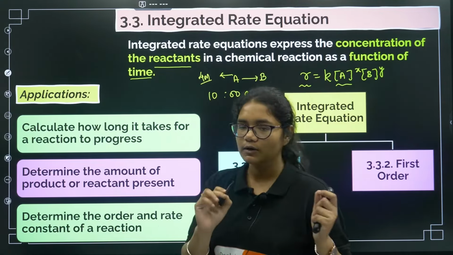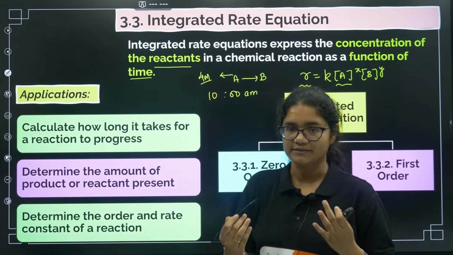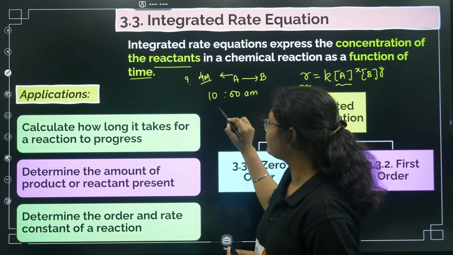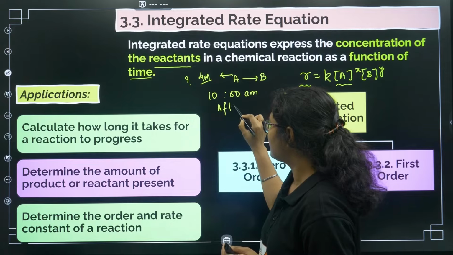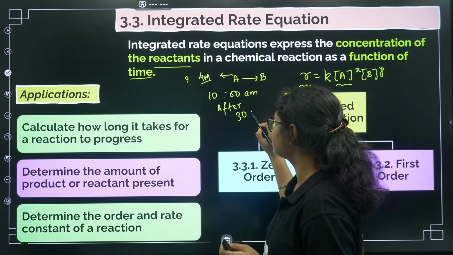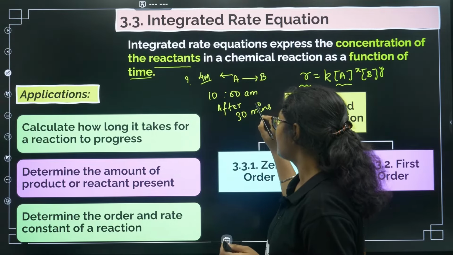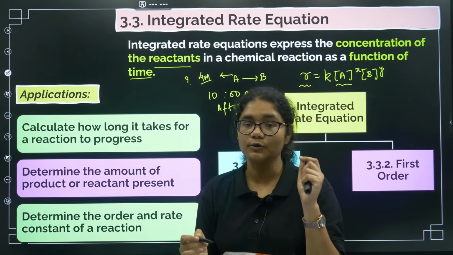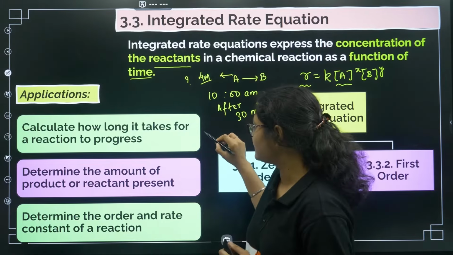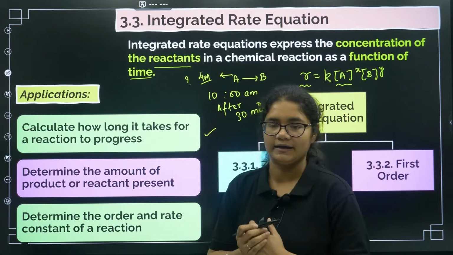Now you want to see after 30 minutes, what is the concentration of A left? If you want to calculate this, then we need the integrated rate equation.